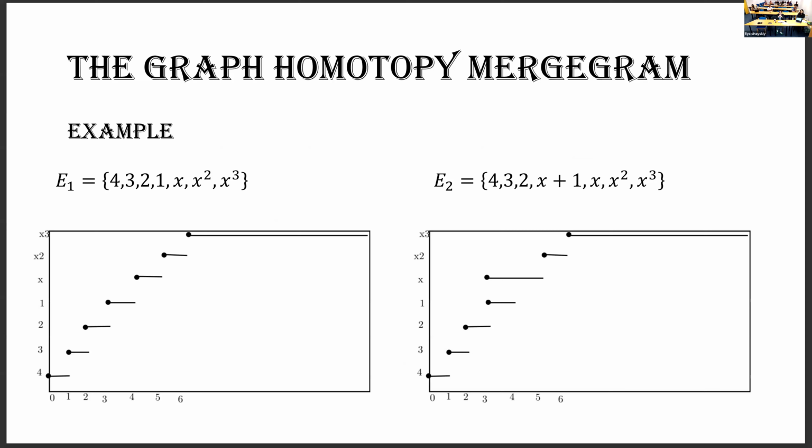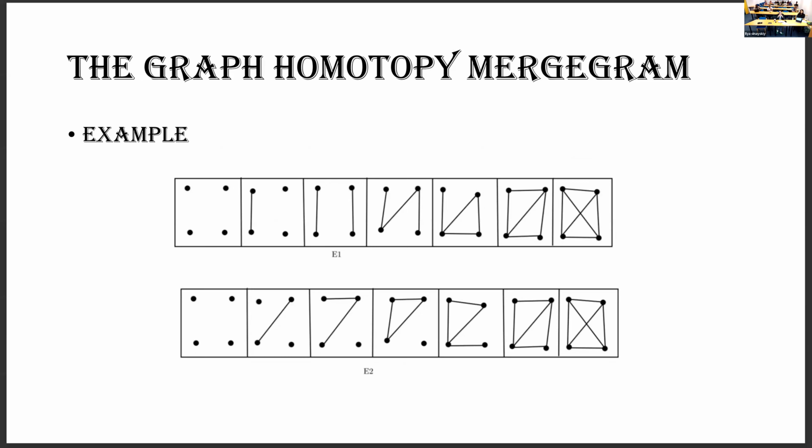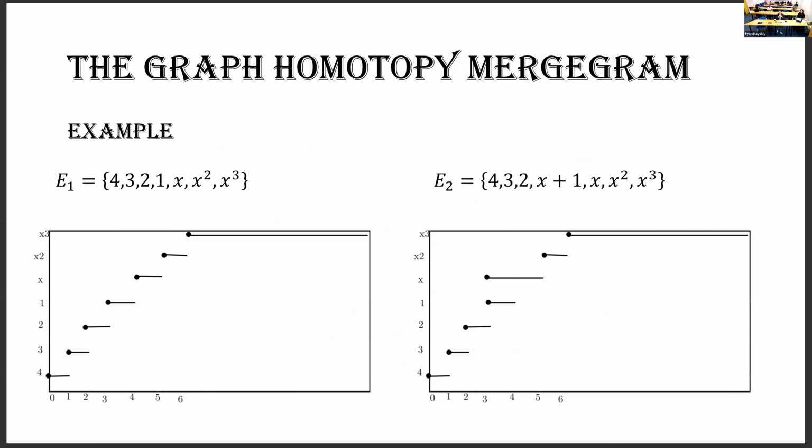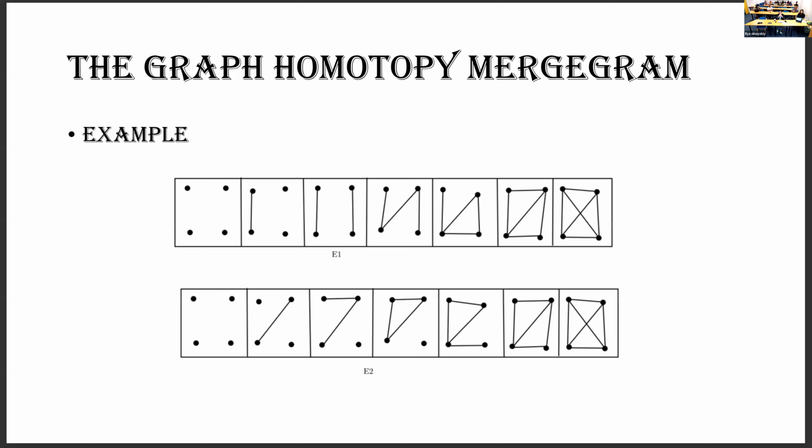So when we describe a notion of distance between these intervals, we need to account for broken intervals. And we do this by the following. Like I mentioned, the graph homotopy mergegram is basically entirely identified by these labeled intervals. So to compare them, we find the symmetric difference of two different intervals with the same term label.